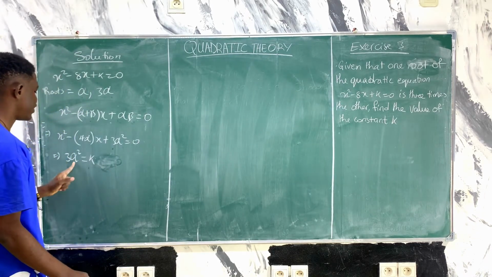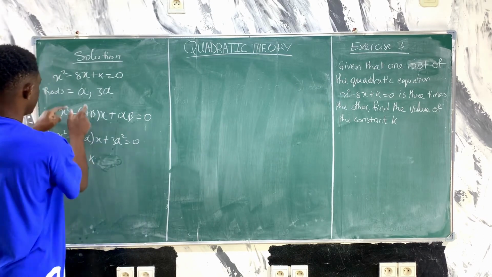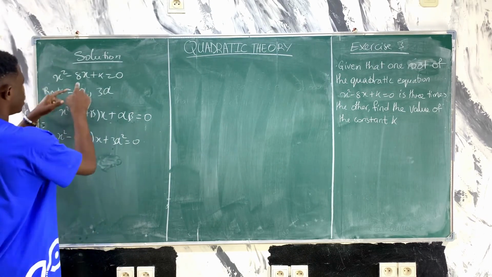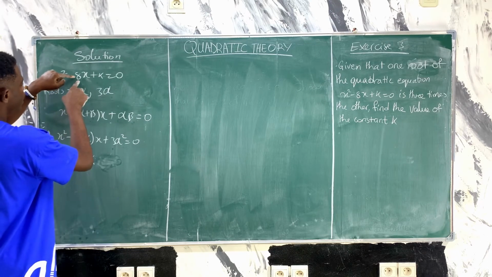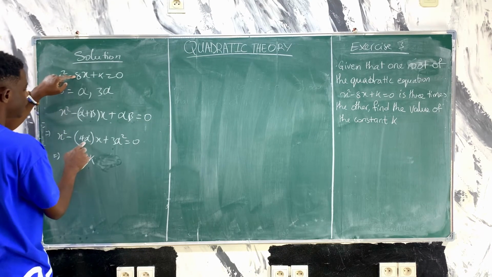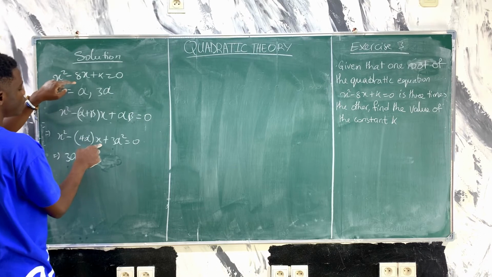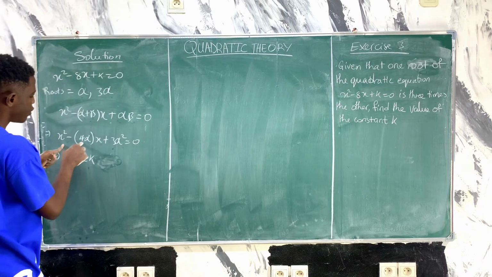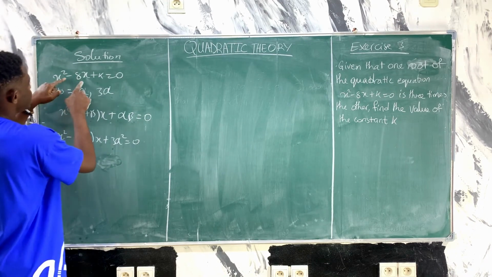To find the value of k, we should find alpha. So from here, minus 4 alpha is the coefficient of x, and minus 8 here is the coefficient of x.